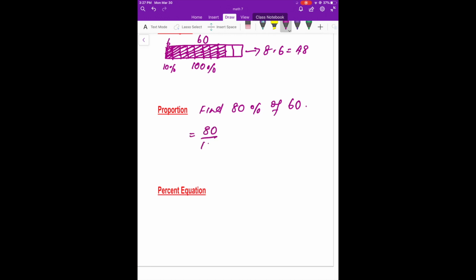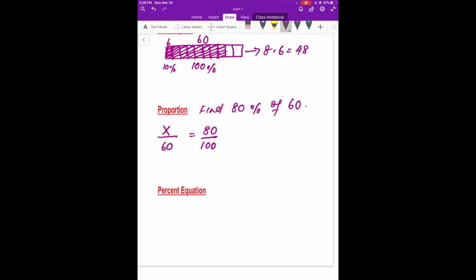Proportion means I should get two ratios. So 80 over 100 is one ratio. And for the next part, 80% of 60, 60 is the whole. 60 is the big part. And what is the part of 60? That is x. So x over 60 equal to 80 over 100.